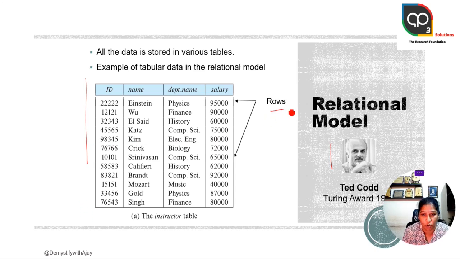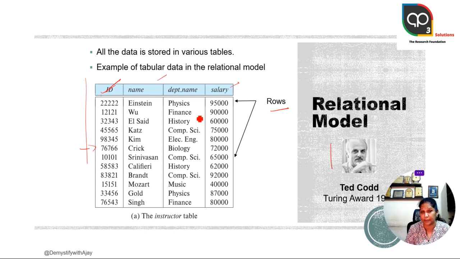Each table consists of rows, also called tuples, representing records, and columns, which we specify as attributes, representing fields of data. For example, a table named instructor may have columns like ID, name, department, and salary.